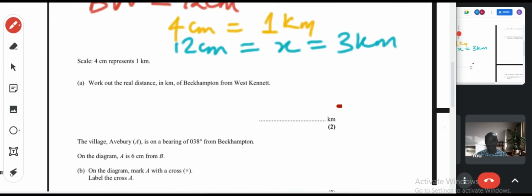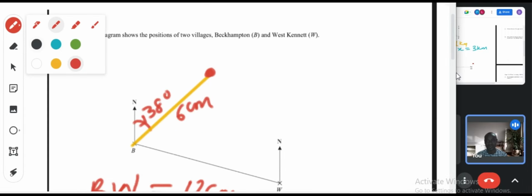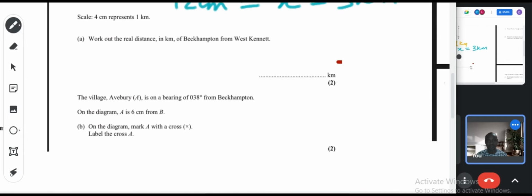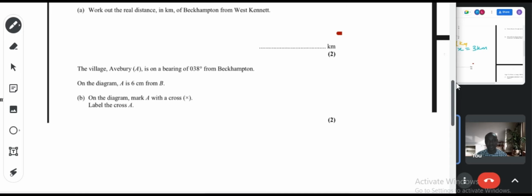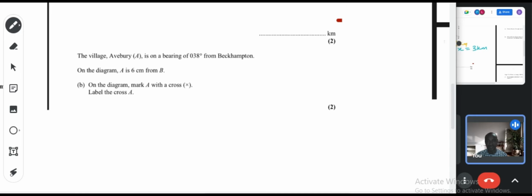Mark with a cross. This is where A will be. This is A. Is that all? Yeah, that's all for this question. On the diagram, mark A with a cross. Label the cross A. 4 marks.